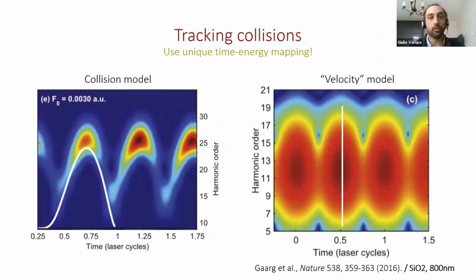Now, I'm going to talk a little bit about this recollision, which is some of what I've done the most. It's very similar to high harmonics from gases. You can appreciate that each harmonic is emitted at a certain time, when the electron and the hole recollide with that kinetic energy.